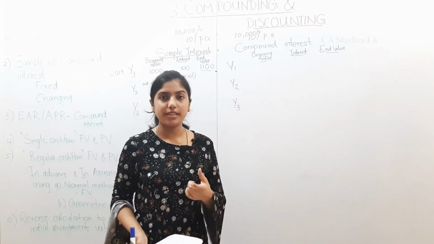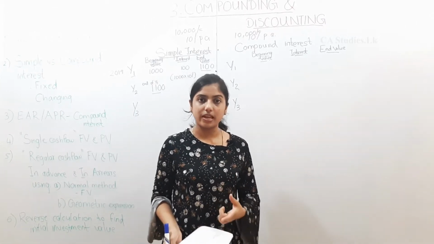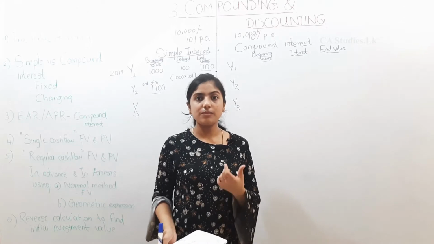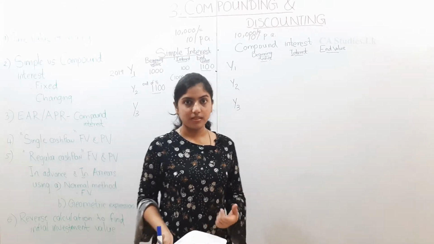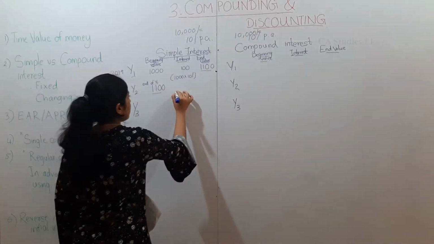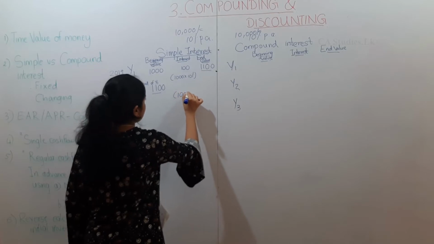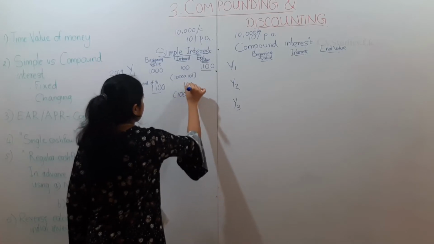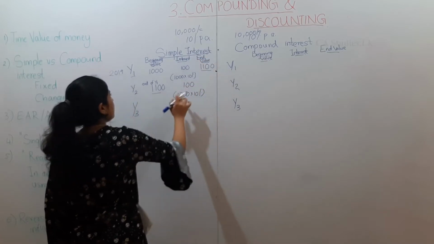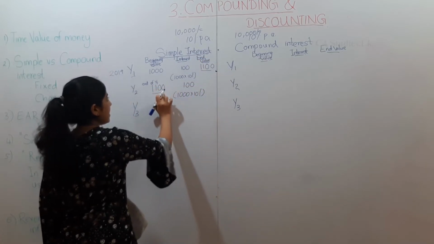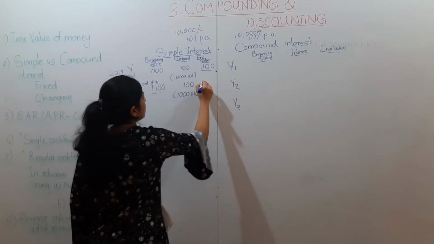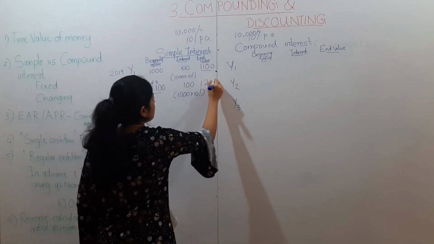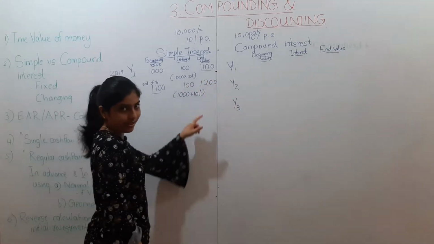So, for every year, our interest will be calculated as 1000 multiplied by 10%. So, you get 100. 1000 multiplied by 10%, 100. Then what's the end value? Investment beginning value plus interest. Now you have 1200 rupees in your account.